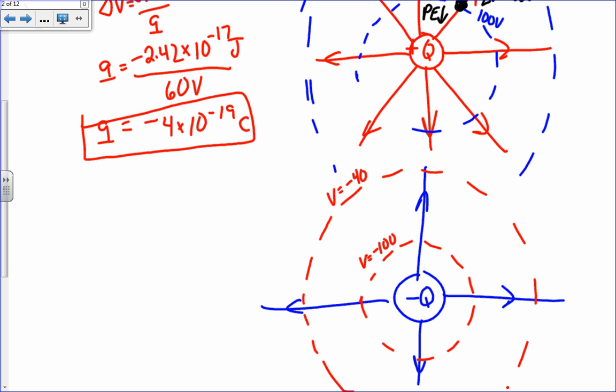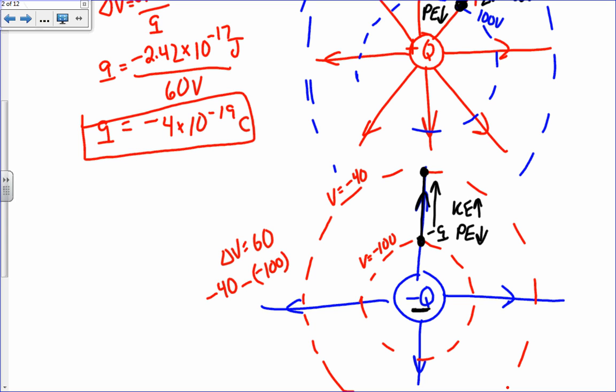In order to get a delta V of 60, I'm going to have negative 40 minus negative 100. That means my particle starts here and moves in this direction. In order to do that, I have to have a negative particle, because it's going to be repelled by that negative Q. It's going to see its kinetic energy increase, because this force acting on it is speeding it up, doing work on it, and its potential energy decreases.